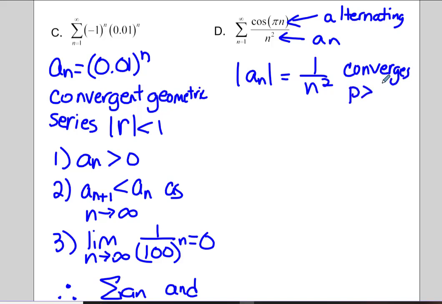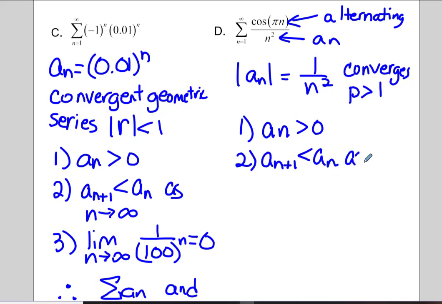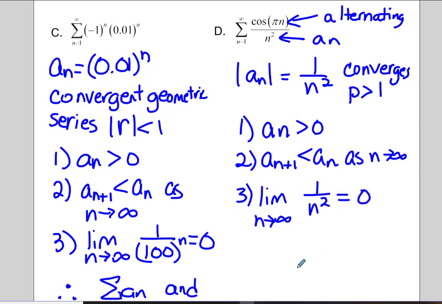It's a p series, and p is greater than 1. We've got positive terms that are decreasing as n goes to infinity, and the limit as n approaches infinity of 1 over n squared is also going to 0. So therefore, this one, just like C, is absolutely convergent.